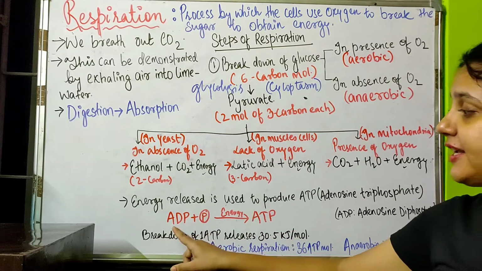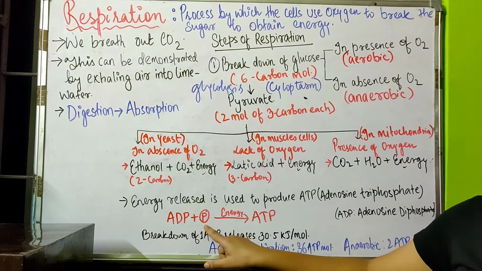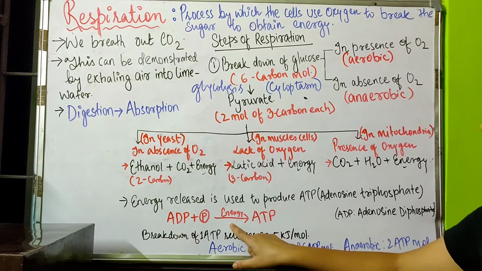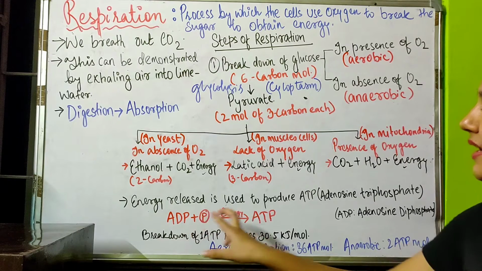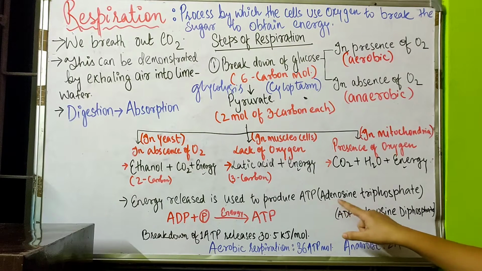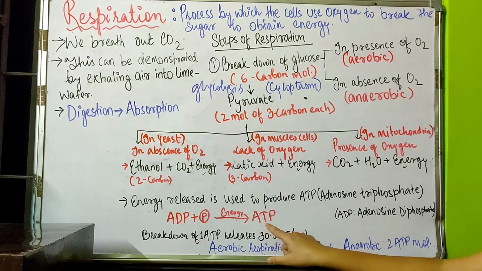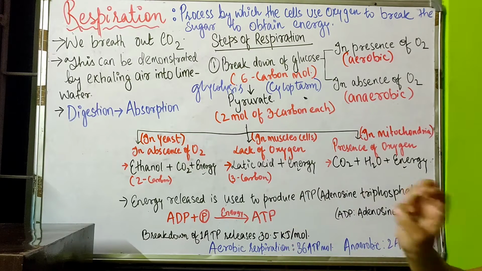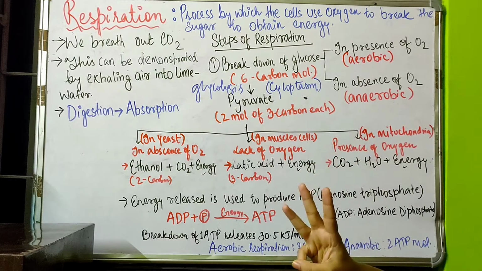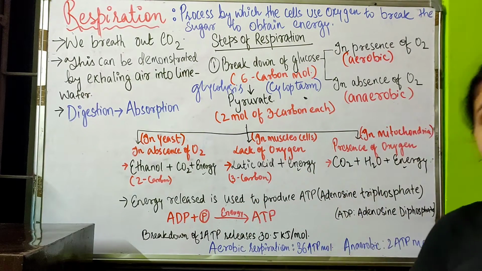You see, ADP, adenosine diphosphate, plus one phosphate molecule in the presence of energy will combine and produce an ATP molecule. Okay, you see the full form of ATP, adenosine triphosphate. Triphosphate means it has 3 phosphate molecules, and diphosphate means it has 2 phosphate molecules.